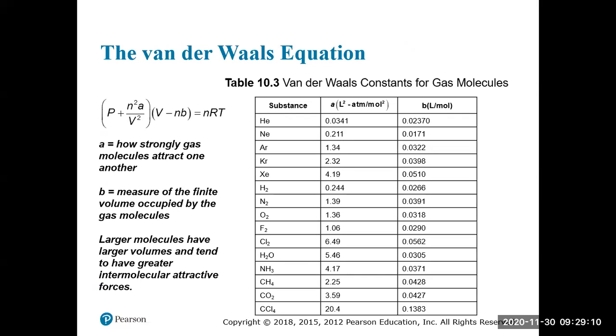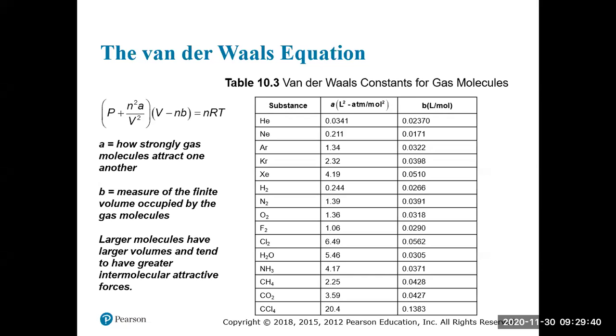So instead of PV equals nRT, we have (P plus n squared a over V squared) times (V minus nb) equals nRT. The a term is a term for how strongly gas molecules are attracted to each other. The b term is a measure of the volume that the gas molecules actually take up.